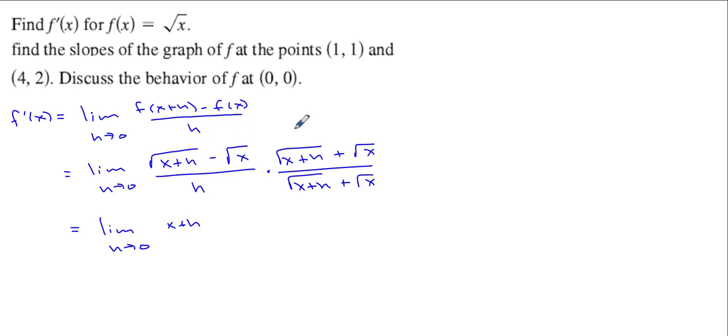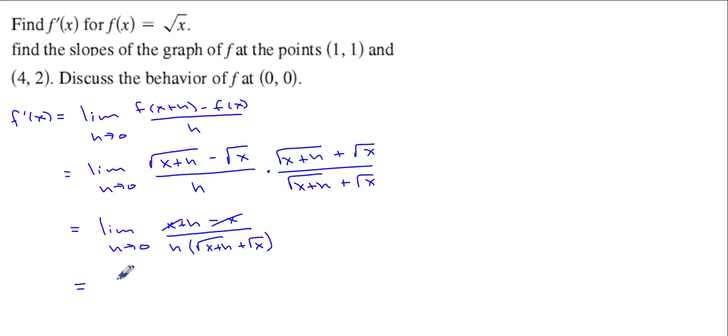Okay, that'd be the positive version, the negative version, right? And then negative x all over h times radical x plus h plus radical x. And we're not going to mess around with the denominator. We're not distributing this h through because the h is the problem. We want to try and factor that out. I think you guys can see what's going to happen.